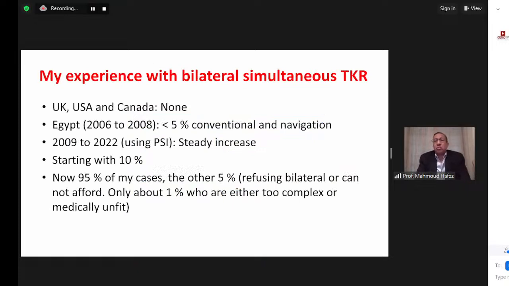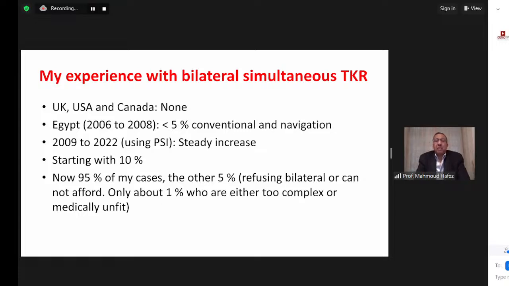My experience with bilateral simultaneous TKR is that when I worked in the UK, US, and Canada, I had no experience whatsoever. I assisted in bilateral hip replacement when I was in Canada, but I never saw bilateral knees. Although it is done in certain places, for some reason I didn't have that experience. So when I came here and told them about my earlier experience, I was using conventional unilateral, and the patient was not happy, and then I started doing navigation.